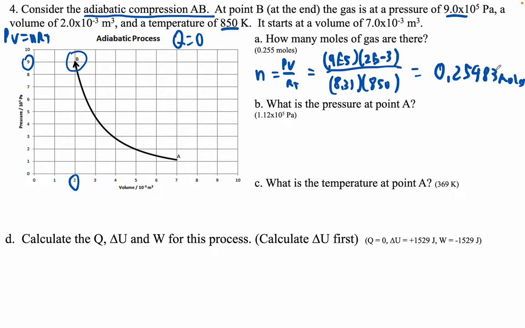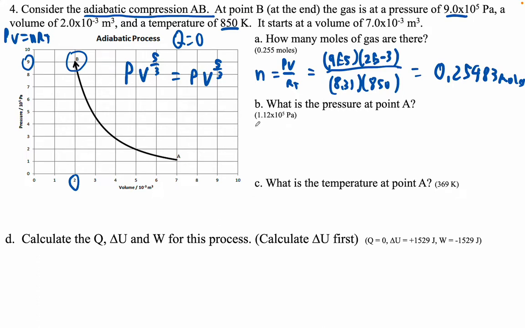Okay. And then it says, what pressure did it start at? And it looks like it started at just above 1, right? So to do that, we're going to use pressure times volume to the 5/3 is pressure times volume to the 5/3. Okay? So what is the pressure at point A? The thing we know is at B, right?